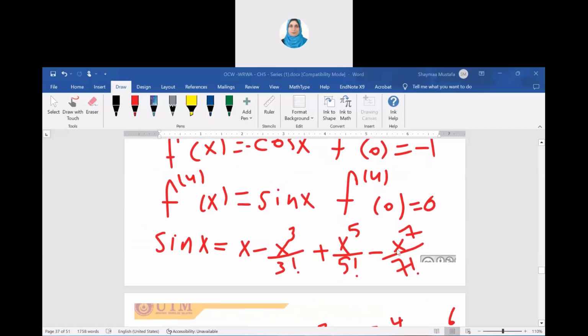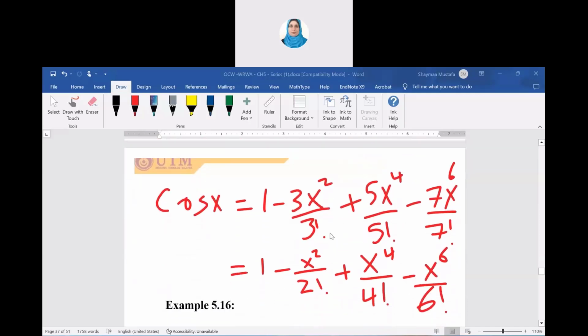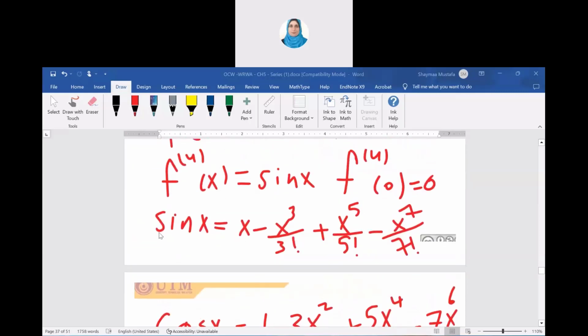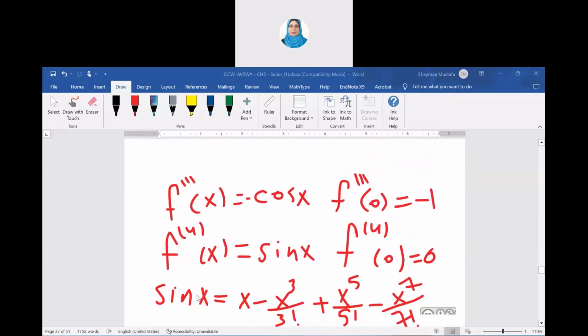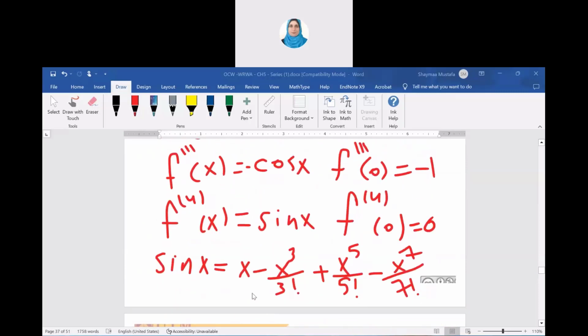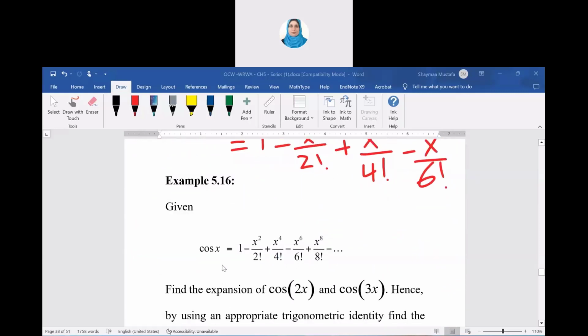The derivative for minus x to the power 7 over 7 factorial is 7x to the power 6 over 7 factorial. So this is the power series of cos. So we can find cos x by finding the derivative of sine, or you can go through similar steps to find the Maclaurin series of cos x. This is all what we learned in our previous class.